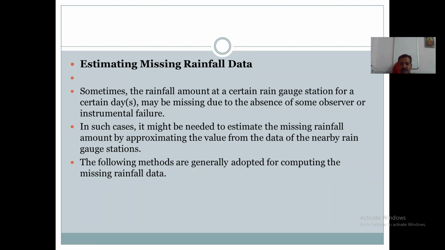By collecting the rainfall data from the nearby rain gauge stations, we can find out the approximate value of the missing rainfall data at the station where the data is not recorded. How to calculate that missing rainfall data? What is the method?